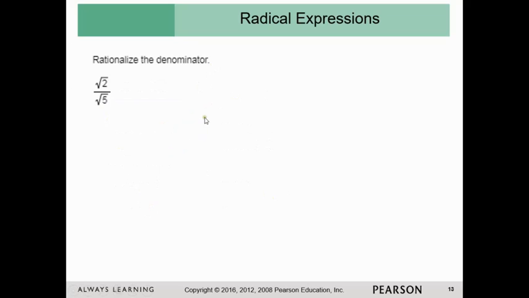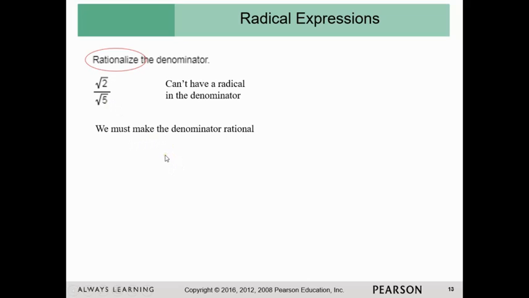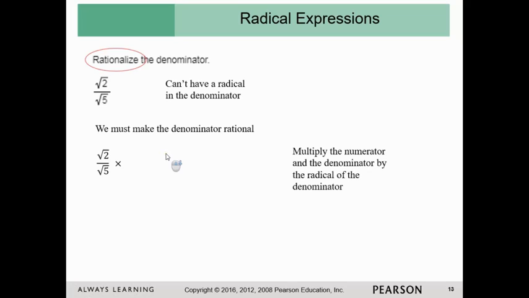Now this one asks us to rationalize the denominator, because remember, we cannot have a radical in the denominator. So we must make the denominator rational. So what we do here is we multiply the numerator and denominator by the radical of the denominator, which is square root of 5. So in the numerator we're going to apply the product rule.